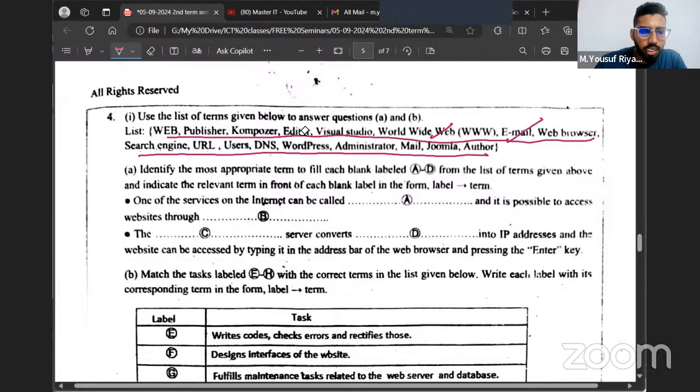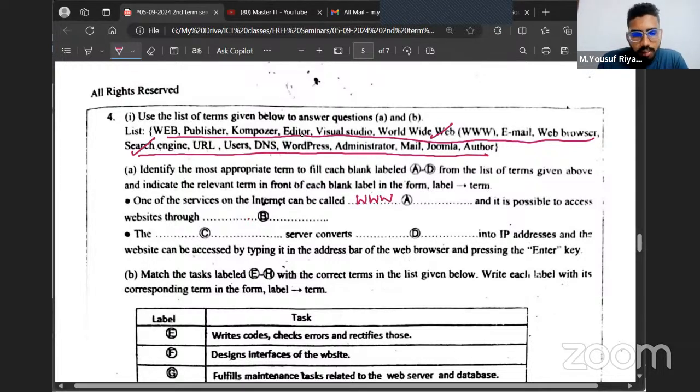Actually, email comes under communication, so I'll not take email as a direct service. And then search engine is a service. As main services we have World Wide Web and search engine. I'm going to include World Wide Web, but even search engine is correct.